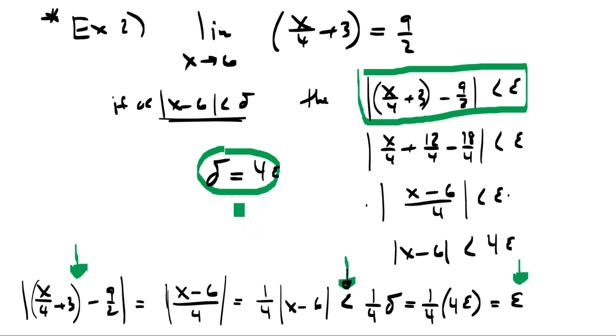Delta is at most 4 times epsilon, and we still make this true. Could it be half of epsilon? Absolutely. Could it be 1/20th of epsilon? Absolutely, and that would still work too. But even the biggest delta here, whatever epsilon is, we multiply that by 4, and that still keeps us underneath the original epsilon.